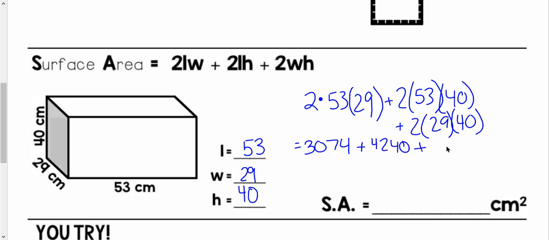And if I do 2 times 29 times 40, I get 2,320. When I add them all up, I get 9,634 centimeters squared.